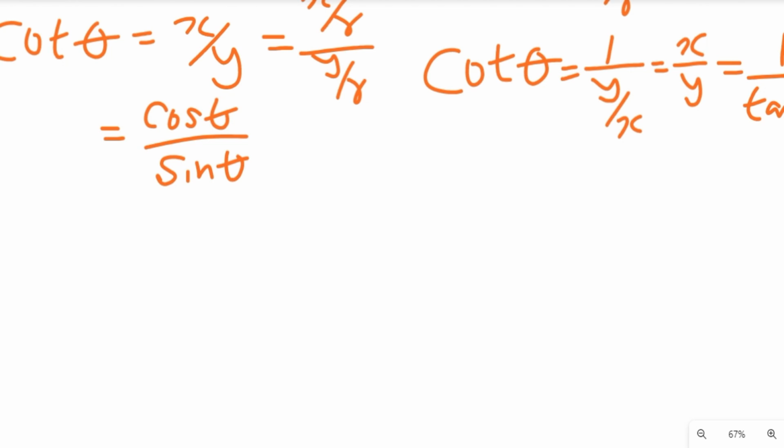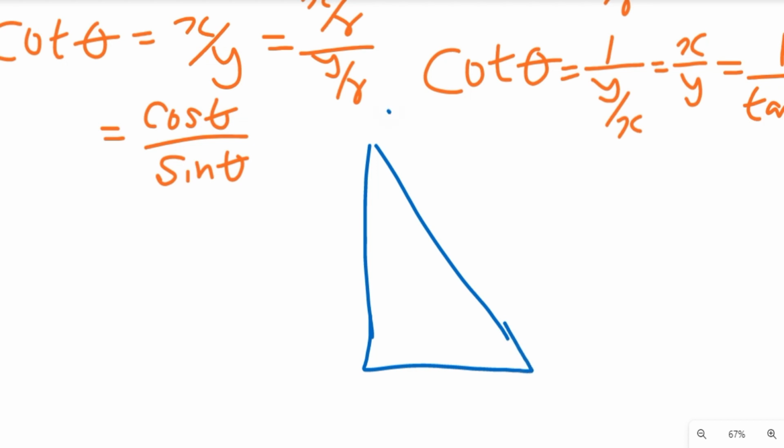Now, let's consider that triangle we drew. From that triangle, we'll have our C, we'll have our B, we'll have our angle A, and then this is the right angle. While this remains theta, this is R, while this is Y, and this is what? X.